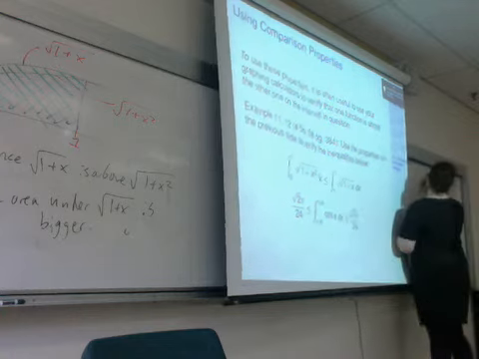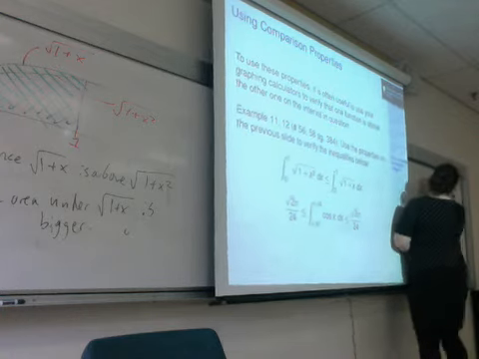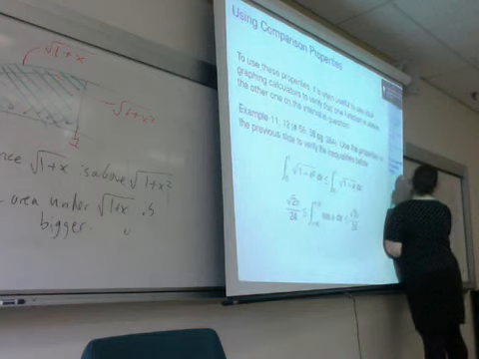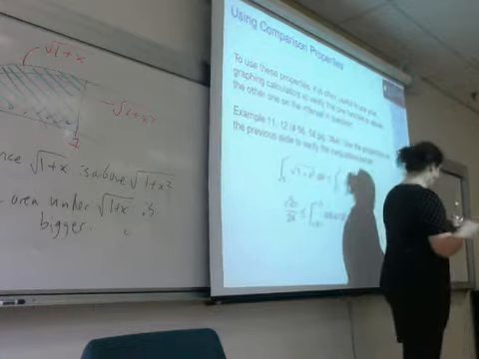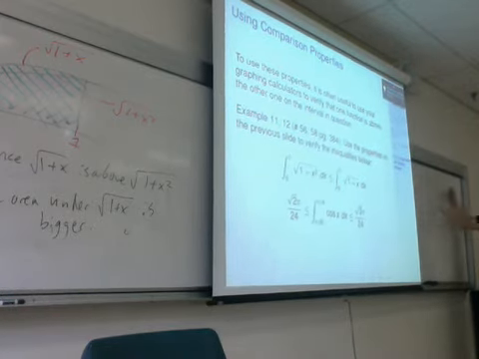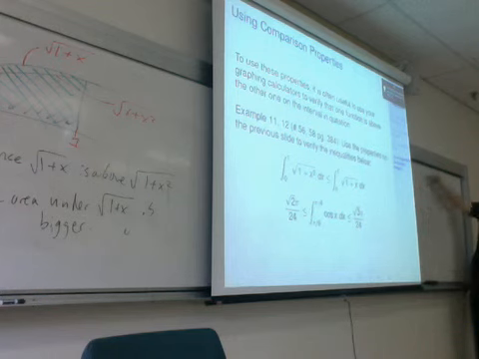So, the red height, the height of the rectangle, comes from here, pi over 4. So the red height is cosine pi over 4, which is square root 2 over 2. The blue height comes from here on the graph. That's pi over 6.